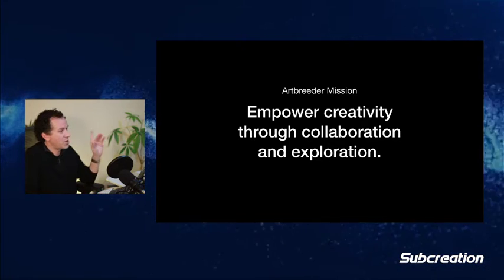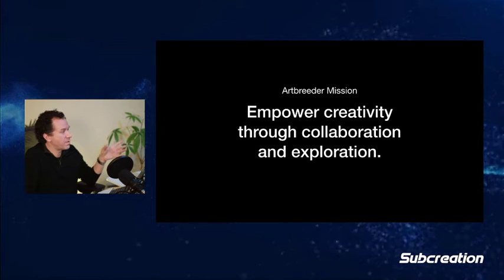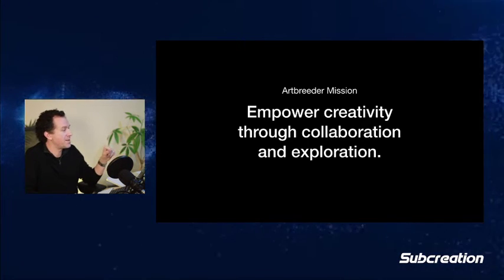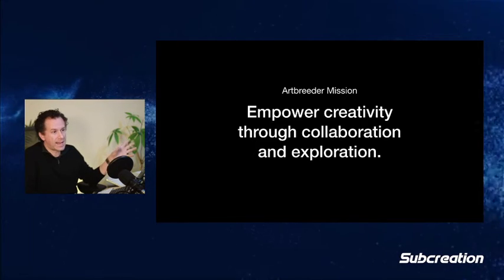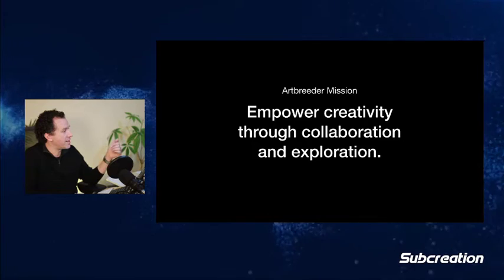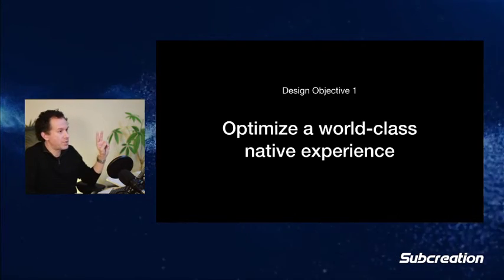I just want to show you really quickly. I did a little bit of trying to find the principles and the why behind the work I'm trying to do right now, and it'd be cool to get your take on it. This I pulled from what you have on the site there, Joel: empowering creativity through collaboration and exploration. And then I broke that down into 2 design objectives.